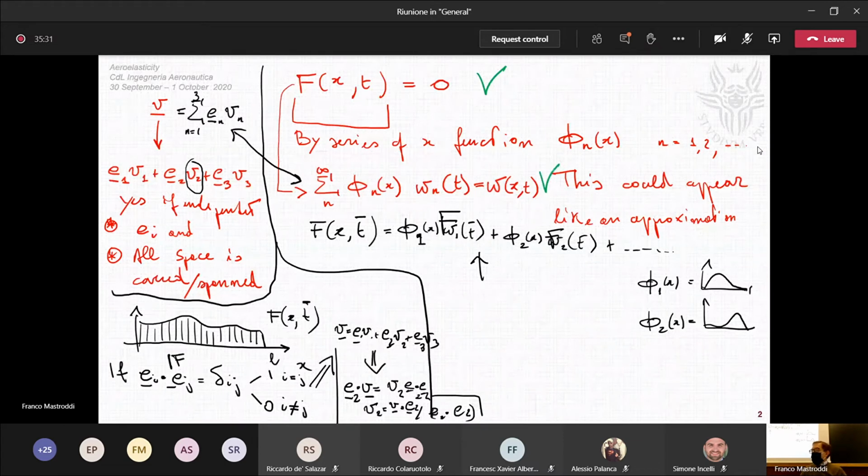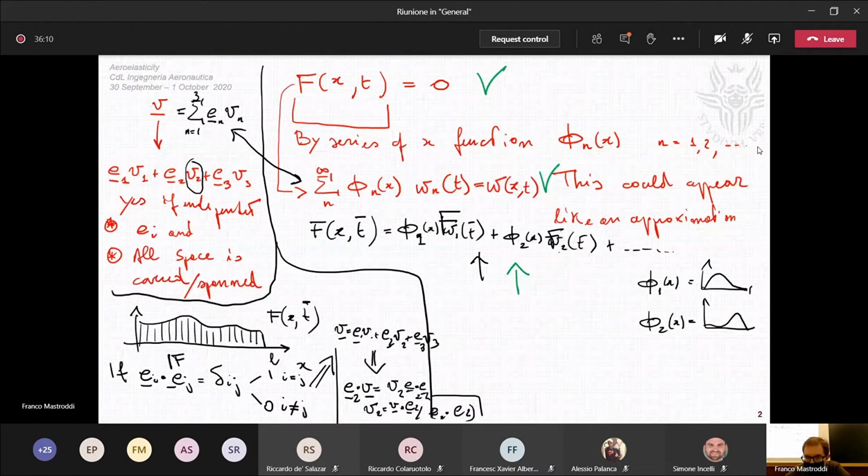So I am applying the vector representation for both of them, the equation and the unknown. The equation is known, the unknown is not known. In the case of the equation, I have that this is 0. But look here. This capital F is now represented on the basis of psi.